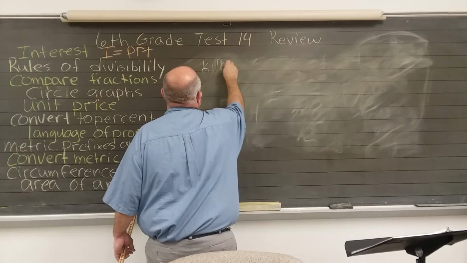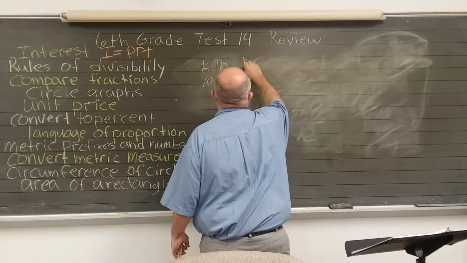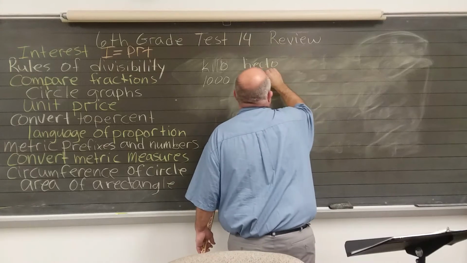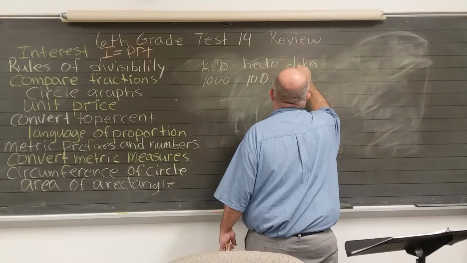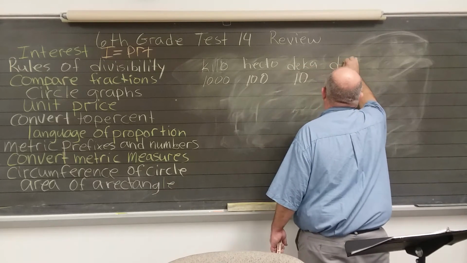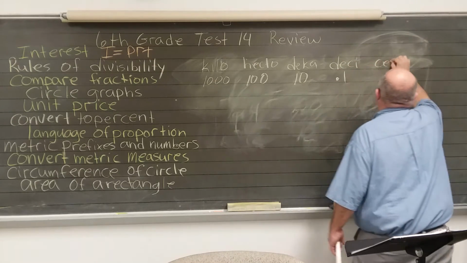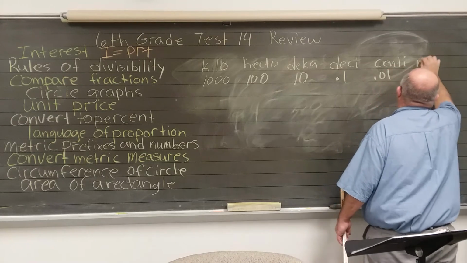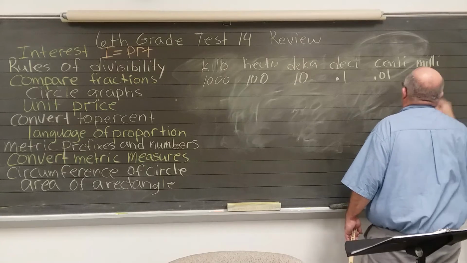Kilo, 1,000, hecto, 100, deca is 10, deci, 0.1, centi, 0.01, and milli, 0.001.